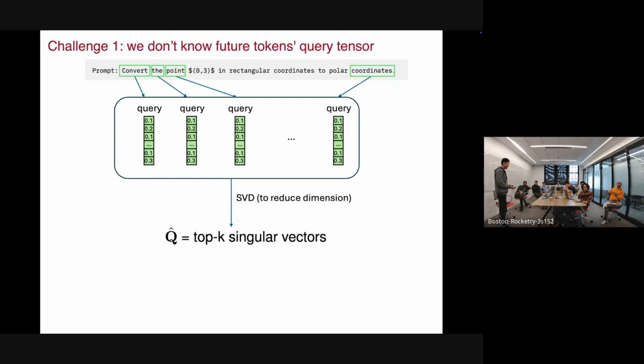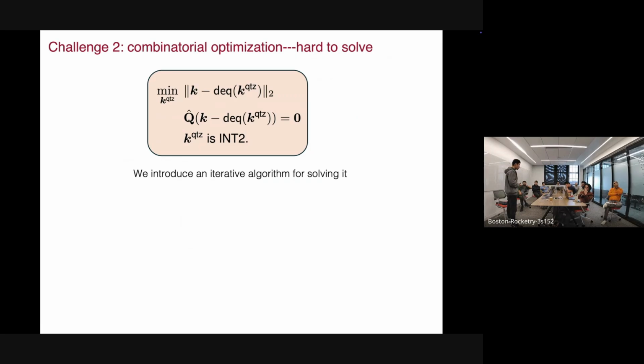The solution we give is we take each one of the tokens from the prompt and compute their query tensors. Then we collect them all together and apply SVD to compute the k most important directions. That's what we get for this Q-hat matrix. Okay, so first challenge solved.